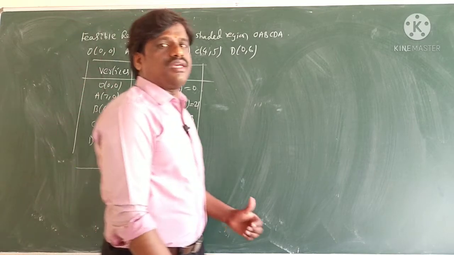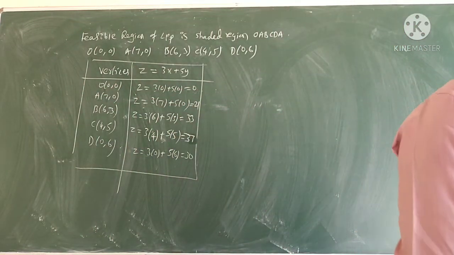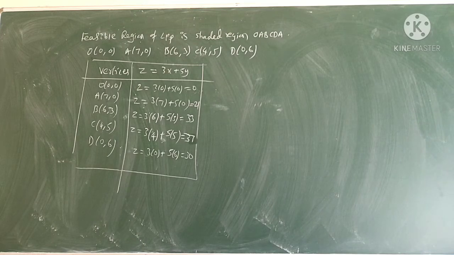So what is the highest value here? 37. So Z becomes maximum.